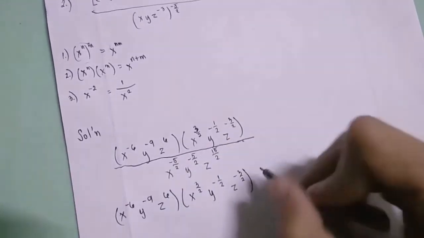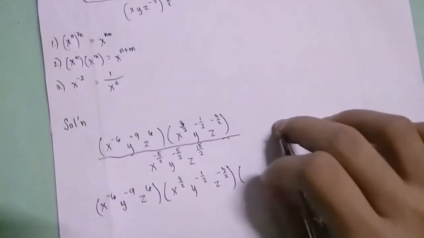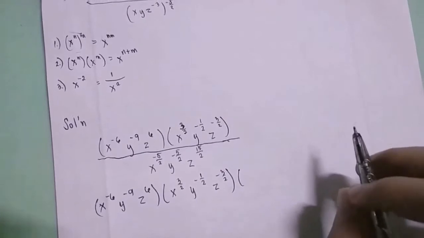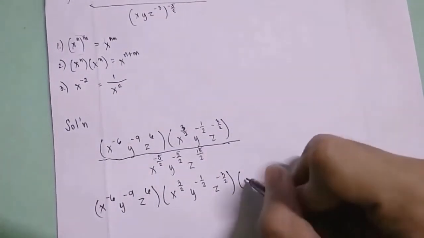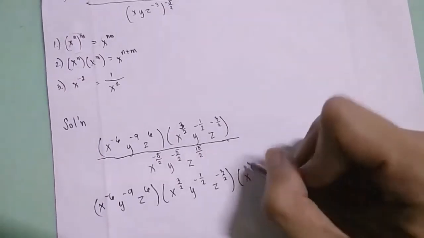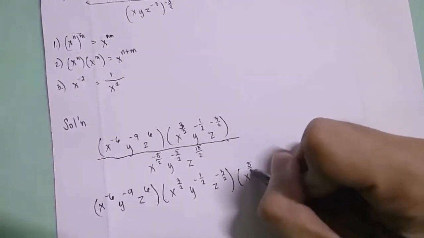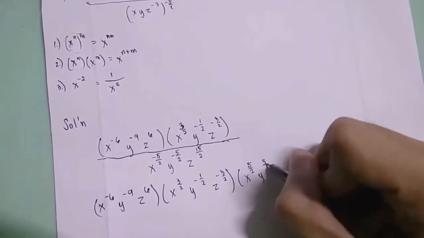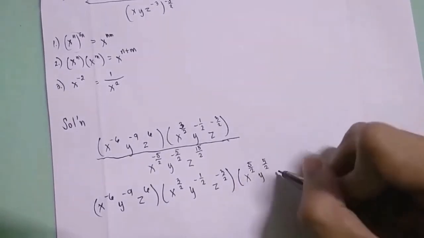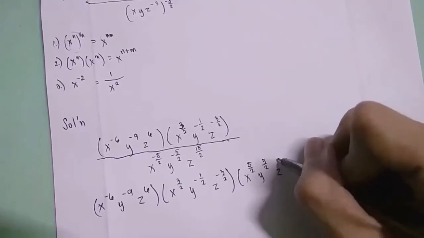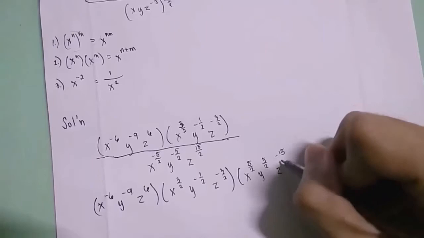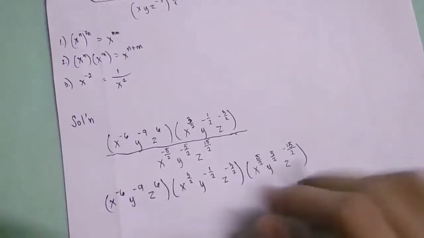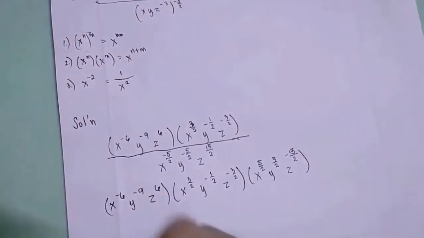And the reciprocal of this, the exponent of the term in the denominator will become positive. So x raised to positive 5 halves, and then y raised to positive 5 halves. Then the positive will become negative. z is equal to z raised to negative 15 halves. So let's use this law, second law, guys.